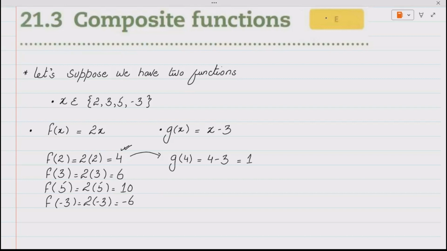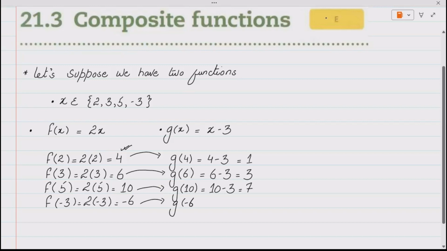Then in place of x, I am putting 6, what I got from f. So 6 minus 3 is 3. Again, I am putting 10 in g, which I got from f. So 10 minus 3 is 7. And at last, I am putting minus 6 in g that I got from f. So minus 6 minus 3 is equal to minus 9.